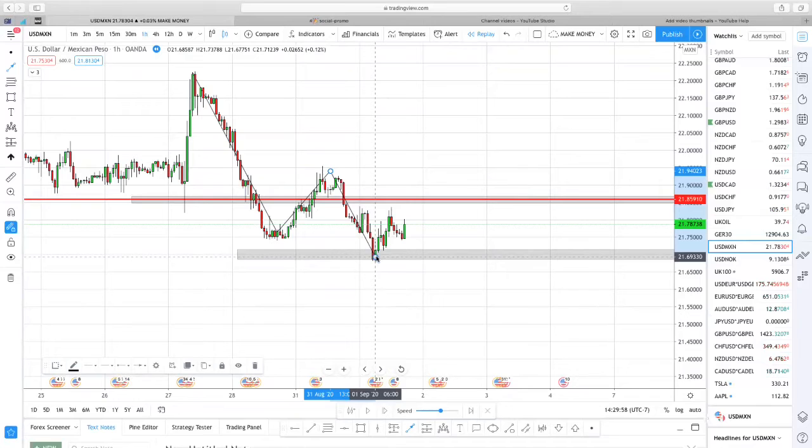Now you're anticipating the market to come up to create another lower high at this area right here. So you place your sell limit. So you're expecting price to come up to this area, to your sell limit entry point, and then turn around and drop again.